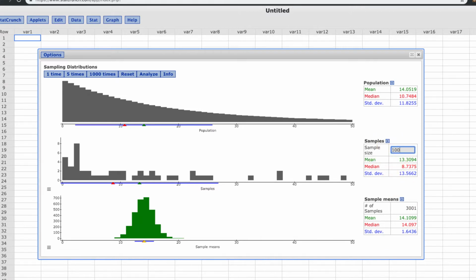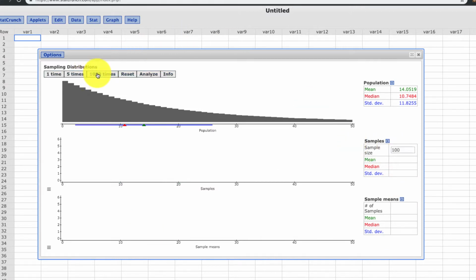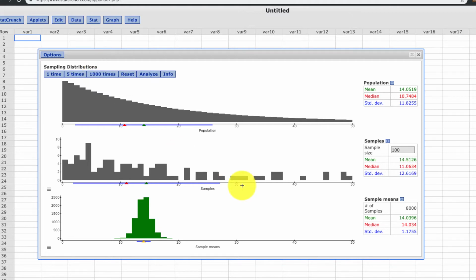So if I bump this up to 100 and do this, look at that. So 14.03, not quite a perfect match, but I've only taken 8,000 samples. If I could theoretically take every single sample of size 100 out of this population, then these would be an exact match. But again, what's happening to that standard deviation? It's actually gotten smaller yet.